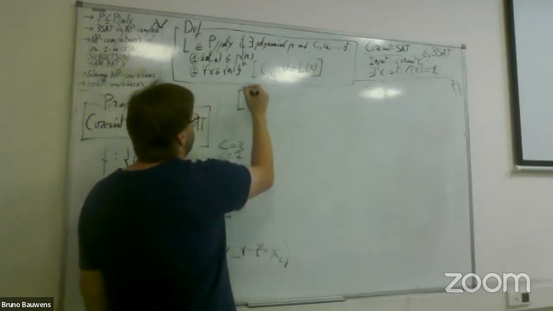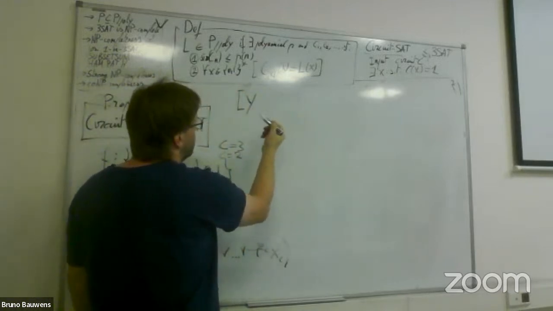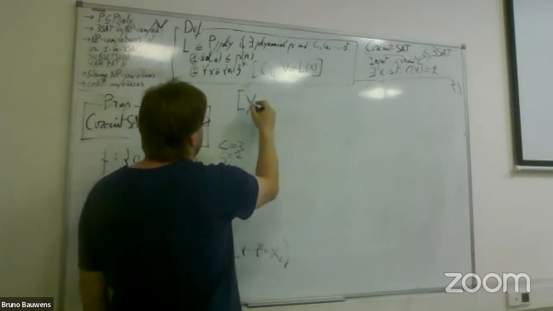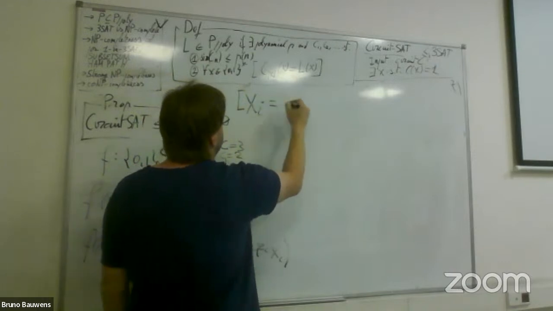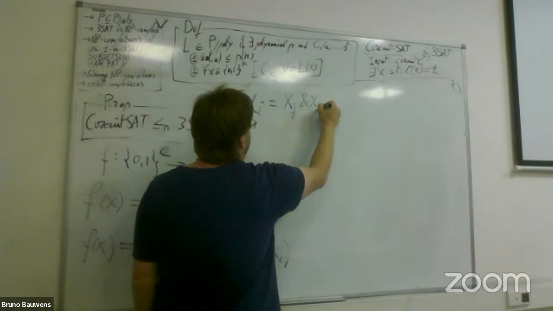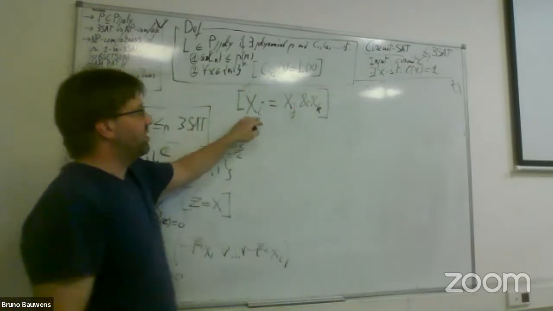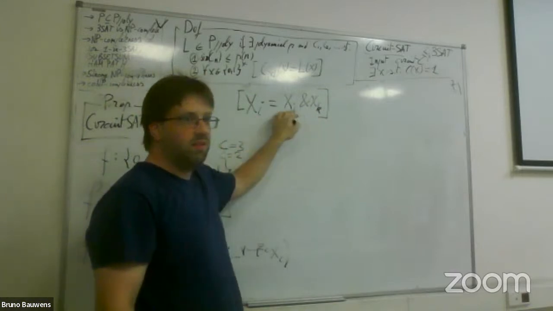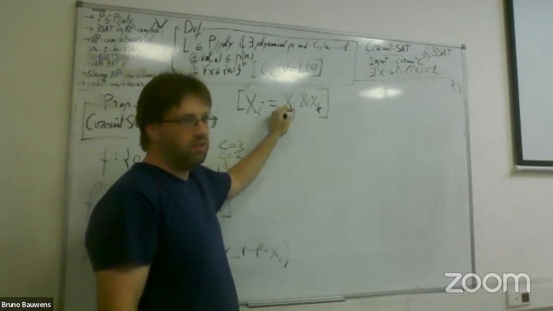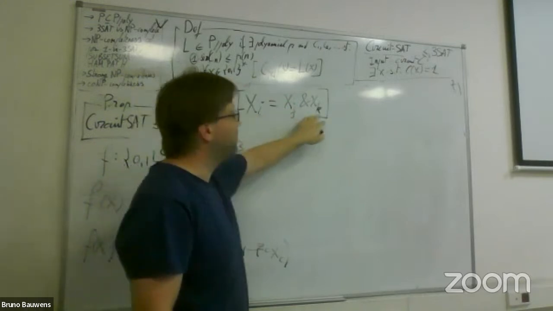They are indicator functions that say that a certain variable xi is equal to xj and xk. So this indicator function is equal to 1 if this equality holds, and 0 if this equality fails. So this is a function of 3 arguments.